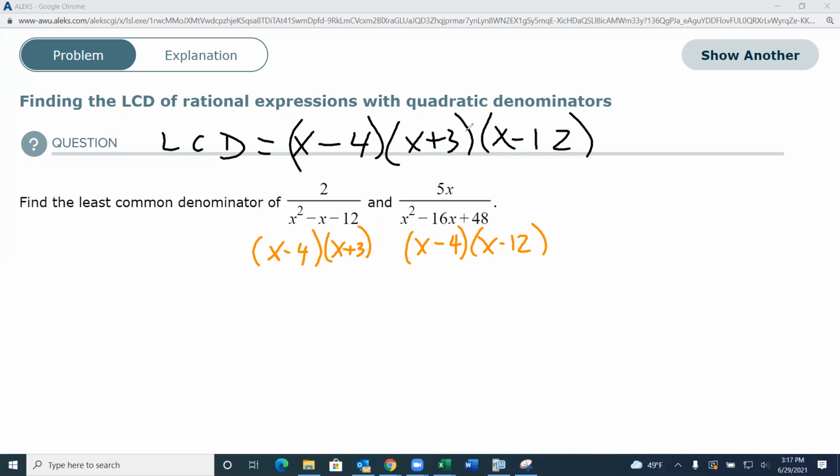For example, I could have just said my denominator is the x minus 4, the x plus 3, the x minus 12, and this extra x minus 4. That would definitely be a common denominator, but it wouldn't be the smallest common denominator. And when you start using it to solve problems, it becomes unnecessarily difficult.